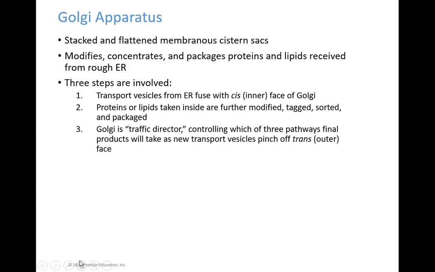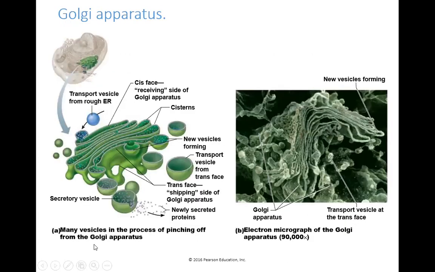And the Golgi looks like this. It sits below the rough ER, and the vesicles are coming in. You see that blue vesicle there? I don't think it's really blue, containing all the proteins just thrown together. And then as those proteins are moving through the Golgi, those flattened sacs, they get collected so that all the same type end up together in a vesicle, and then that gets released.